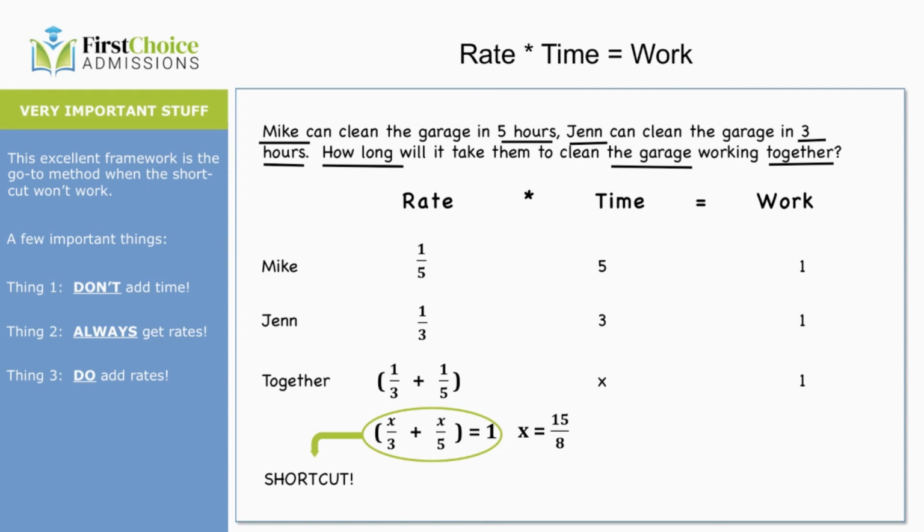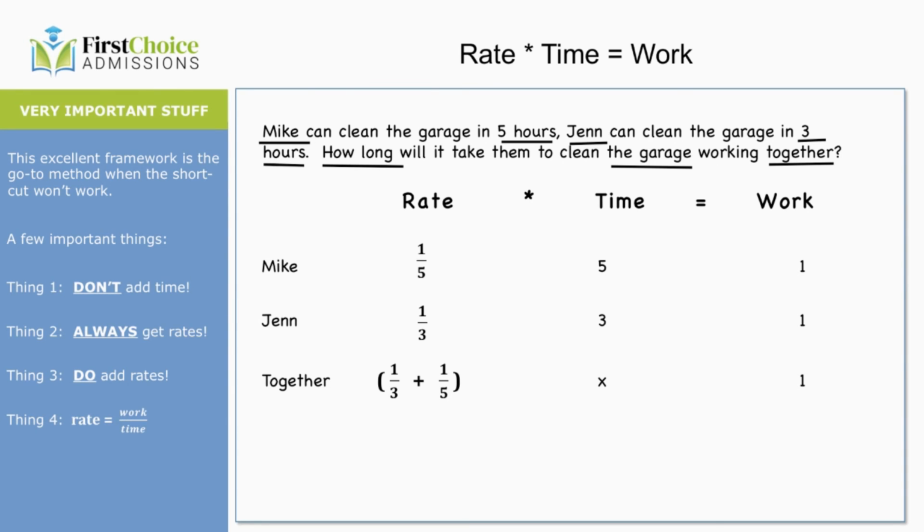Now there are a couple other dead useful things that we can pull out of this algebra. If rate times time equals work, and it does, then rate must equal work over time, and time must equal work over rate.